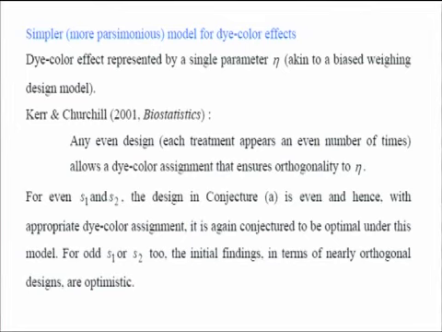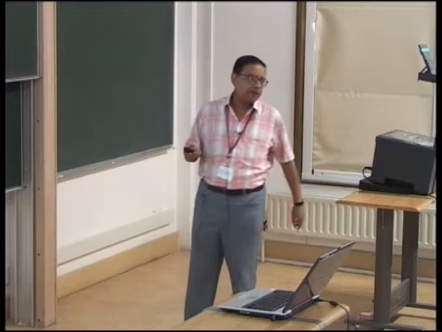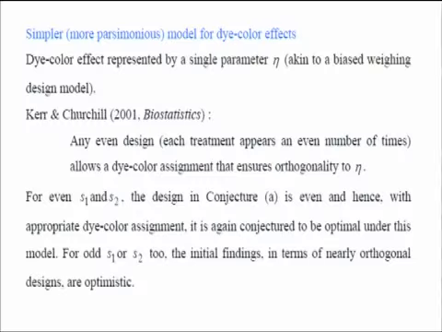Any event design allows a dye color assignment that ensures orthogonality to eta, the one parameter representing the dye color bias. So, this result may be combined with some of our results to make further conjectures under this simpler model, but again one needs to investigate this.